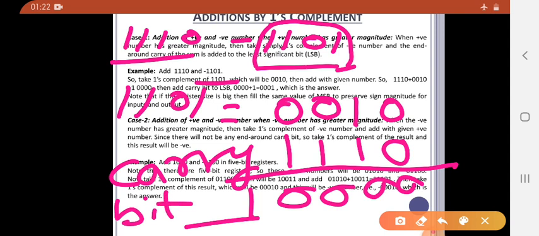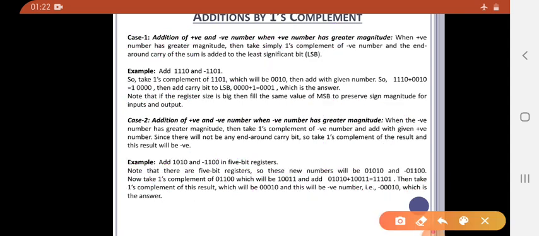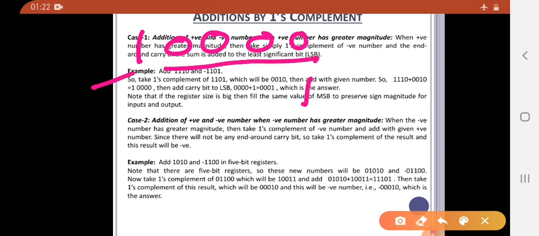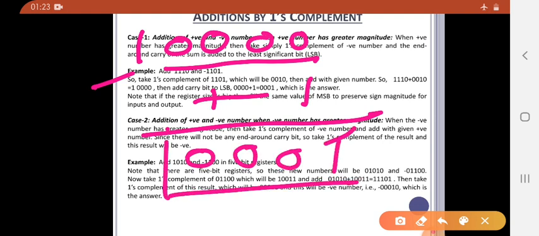What do you have to do with this? You just add this carry bit over here. Then you will get the value 0001, and this will be your answer for this question. So keep in mind how to solve this question.